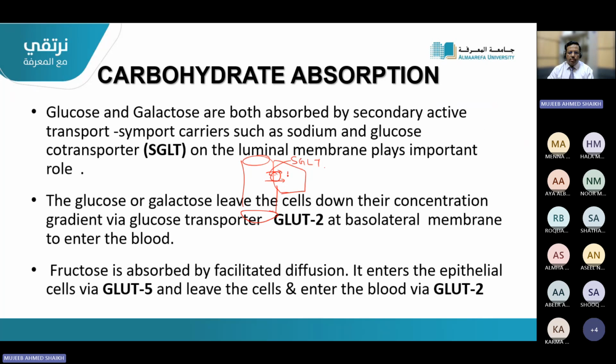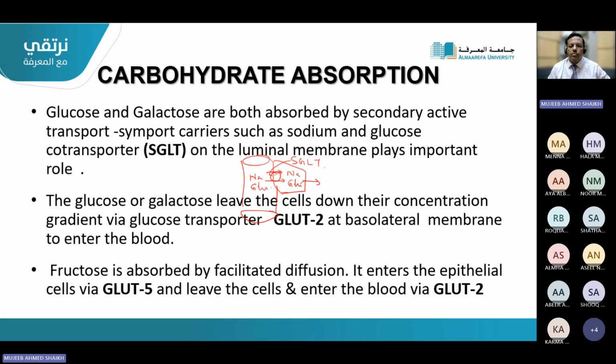It will move sodium inside and glucose inside. This is the function of SGLT. The sodium and the glucose in the lumen after digestion will come inside the epithelial cells.